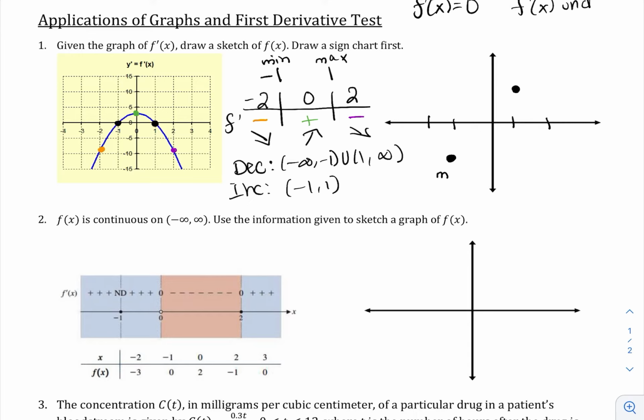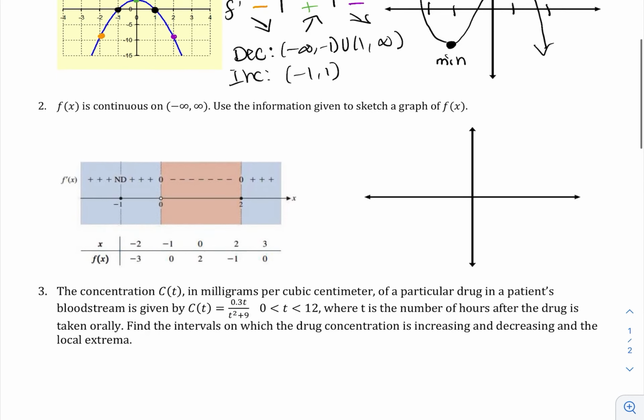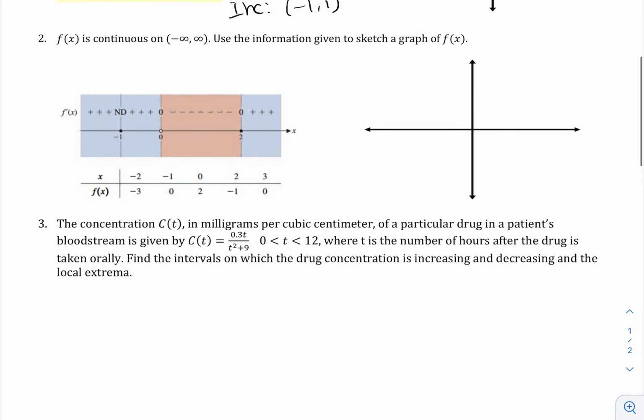I always label my mins and my maxes, and you'll see really why when we get into the next part of graphing. So I'm decreasing. I hit my min, I U-turn. I hit my max, I U-turn, and then I decrease. And again, I know nothing about my y's, so I do not label my y coordinate at all, my y-axis.